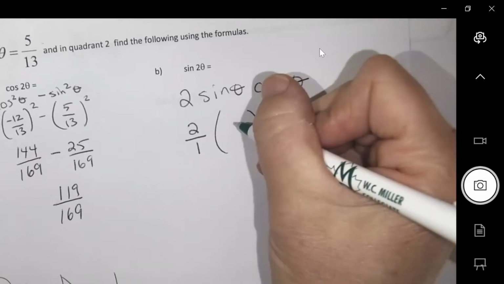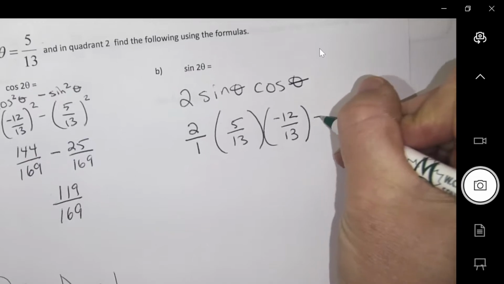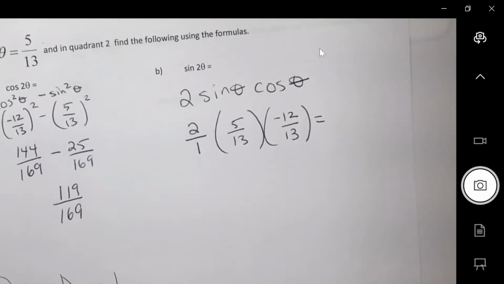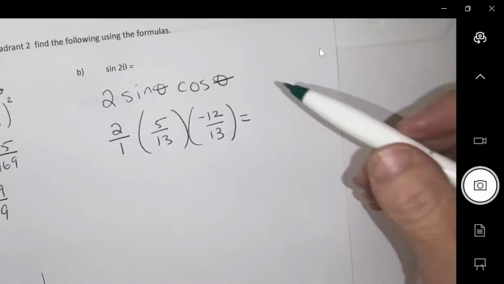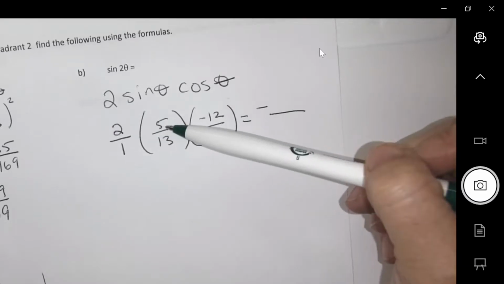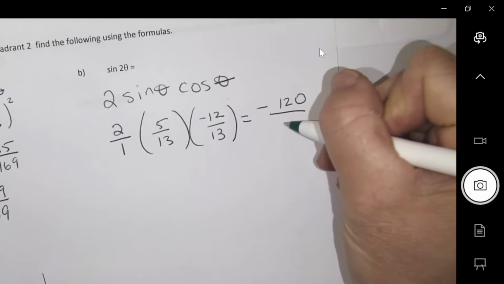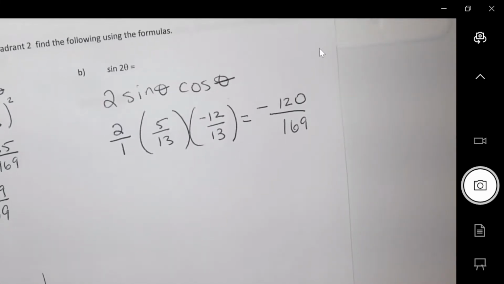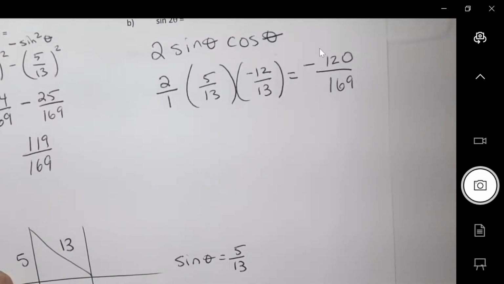You already did the work. Okay, what do you think? Positive or negative? Negative. We got a 10, and then times that. Are you getting a 120? And then 169. And that also makes sense because I figured if I doubled my angle, I would land in quadrant 4.